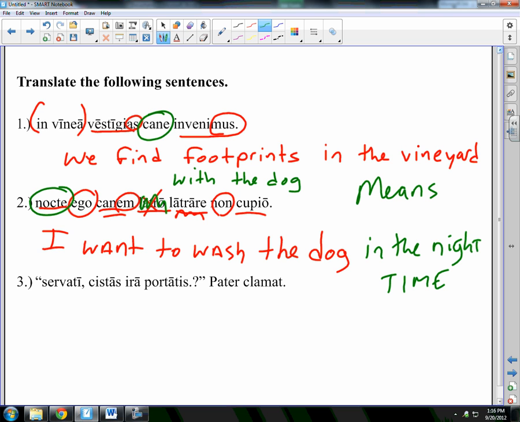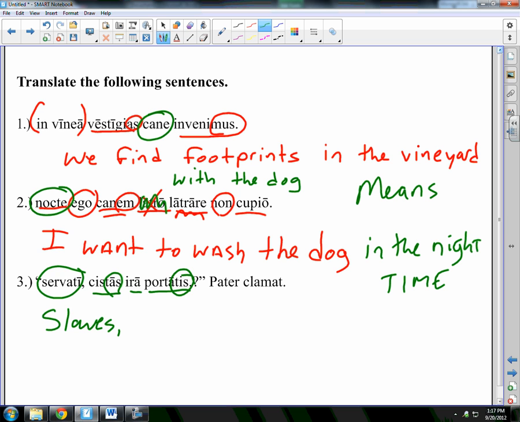All right, our third sentence. Again, I have a vocative. I'm directly addressing the servants. That's accusative and plural. Ira is an ablative without a preposition, and portavistis says that you is the subject of that particular quotation. So I have slaves.